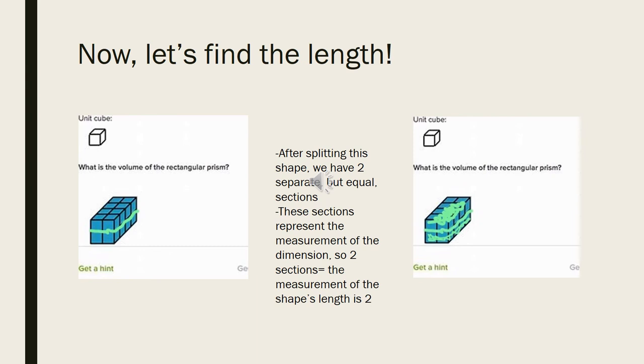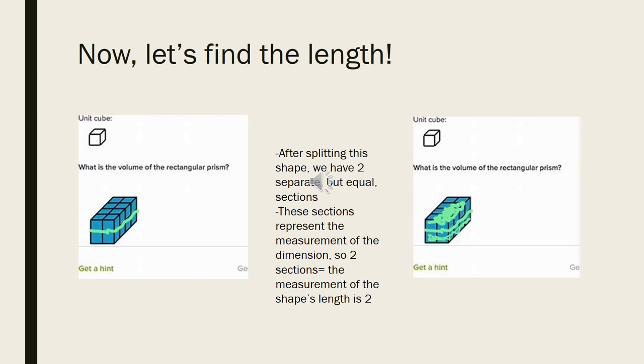So because we split this in half, we get 2 new sections of the rectangular prism. So even though these 2 new sections, which I have attempted to highlight in the picture on the right, my drawing skills are not that great, but hopefully they're at least comprehensible, we have 2 now separate but equal sections. So because these sections are equivalent to one another, they're essentially the same.